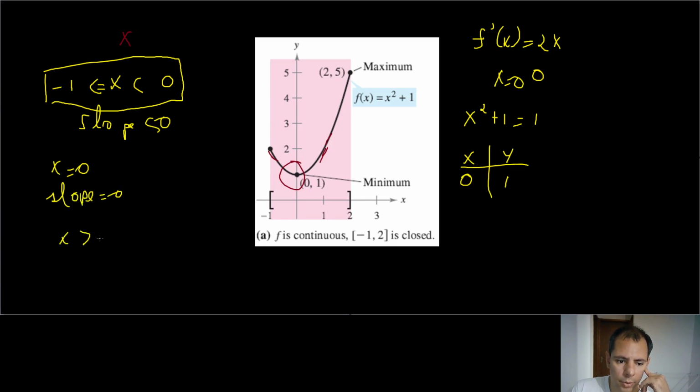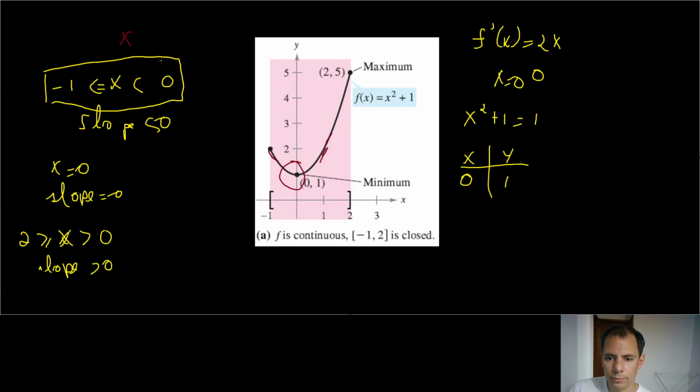And for x greater than 0 and less than or equal to 2, the slope in here is going to be positive.